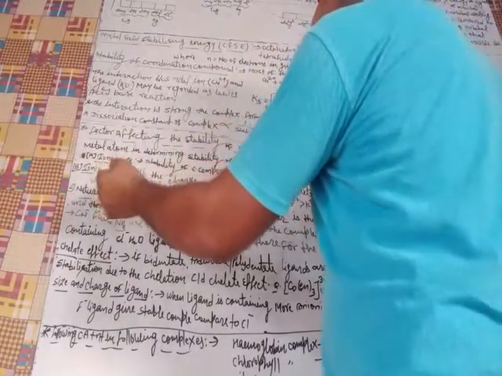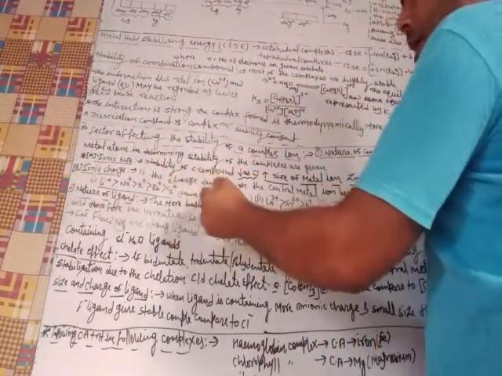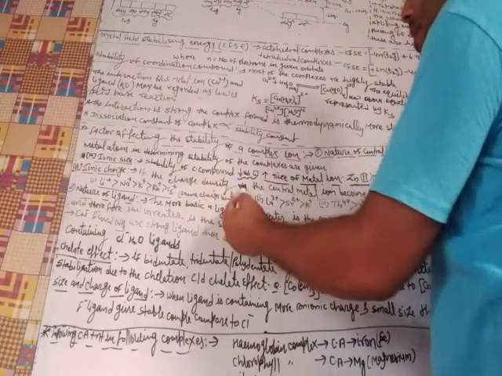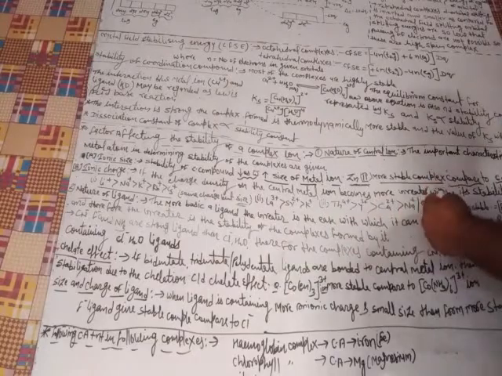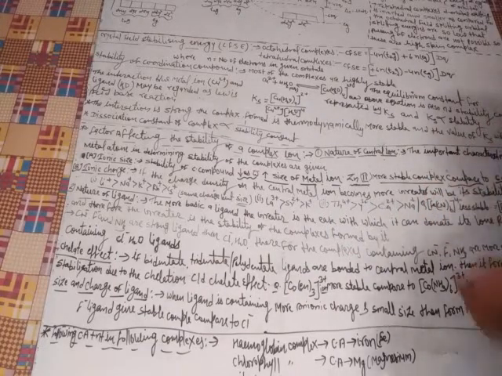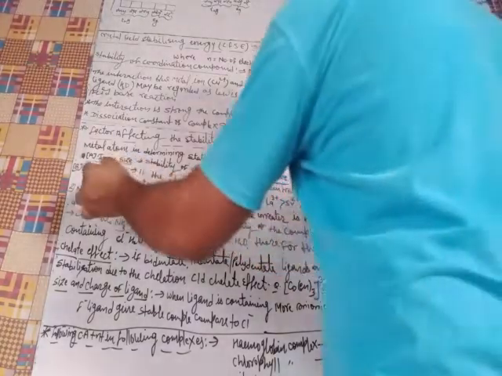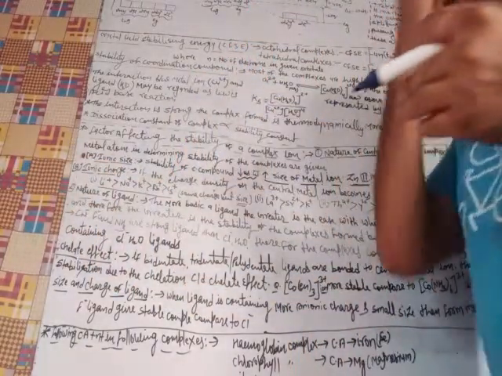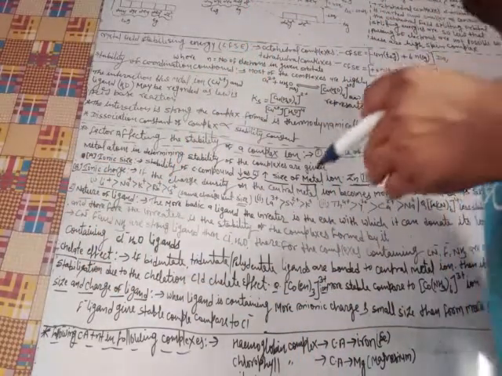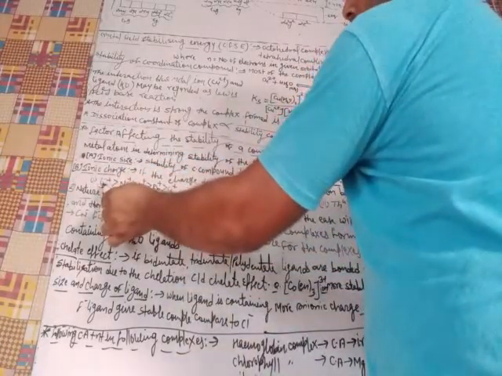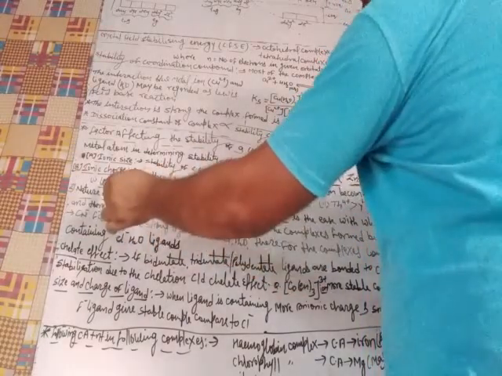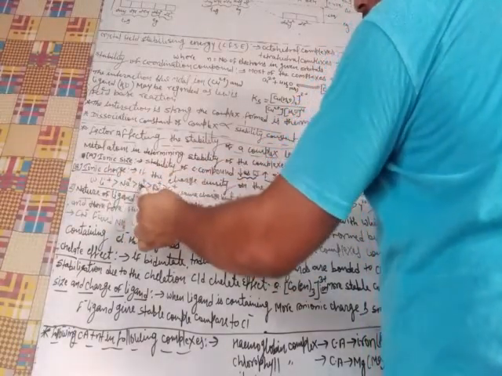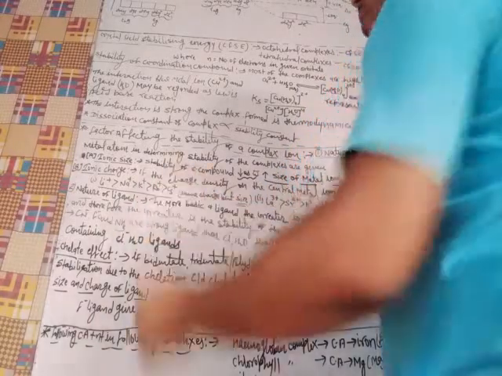Second, ionic charge. If the charge density on the central metal ion becomes greater, its stability will be greater. This means that as the cationic charge increases, stability also increases. For example, in the first group: lithium, sodium, potassium, rubidium, cesium.